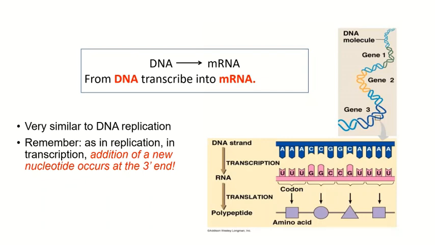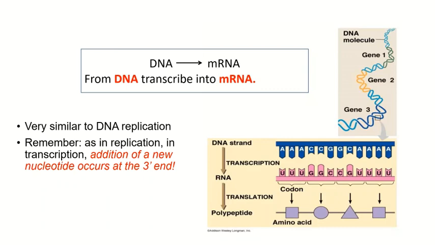Let's say we have a DNA strand with the bases A, C, C, G, G, C, A. When transcribed into RNA, the A that previously paired with thymine in replication will be paired with uracil.